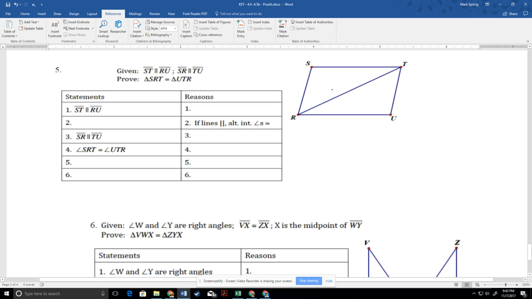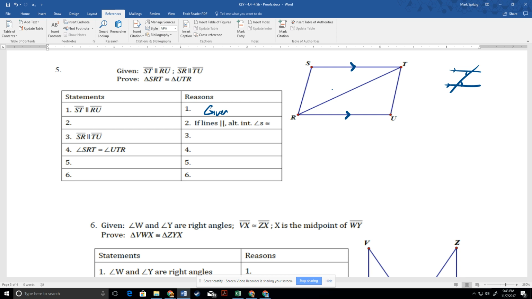Okay, looking here, it says that ST is parallel to RU. So parallel, I'm going to go ahead and mark. Again, not congruent, parallel. So that is given. And from the fact that they're given, we see these are parallel. We know this is a transversal, and really the only angles based on these parallel lines that would be part of these triangles would be this angle here and this angle here.